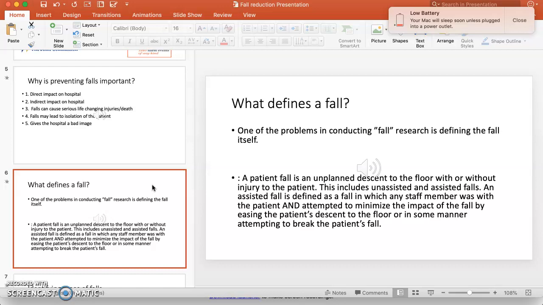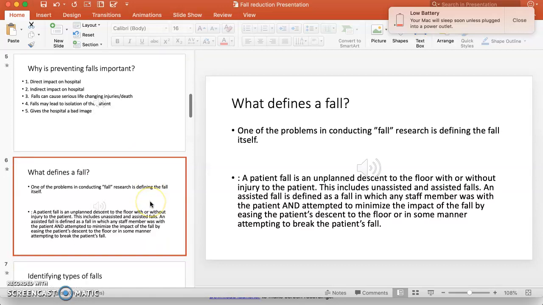But others say, well, what about the patient that you catch before they hit the floor? When you may lower them into a chair, is that considered a fall? I would suggest that you just talk with your HR, look over your policy and see how they define a fall.